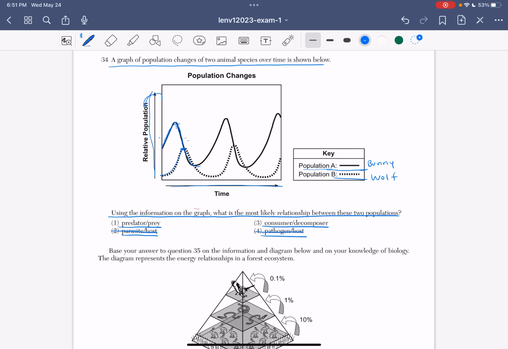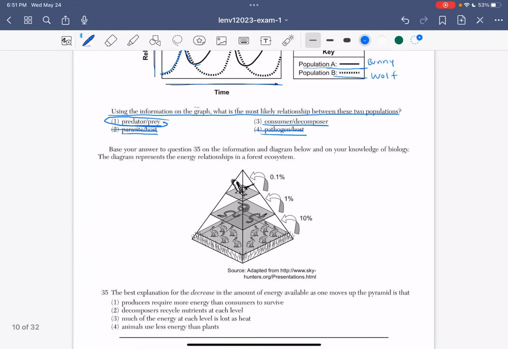It's not going to show these kinds of waves. I think it's definitely predator and prey. As this population increases, this one decreases. So this one is hunting this one. It's preying on this one. So choice 34 is choice number 1. Predator-prey relationship. Let's move on to the next one.